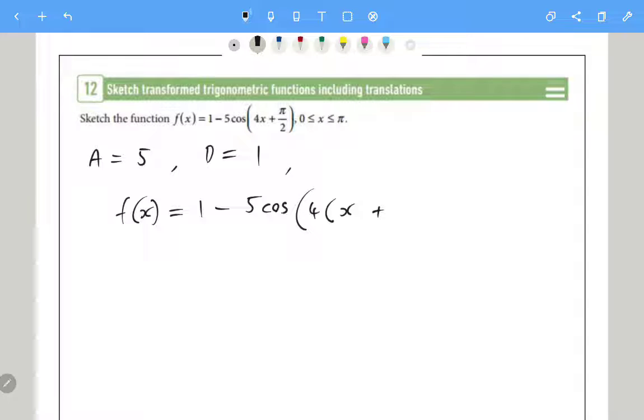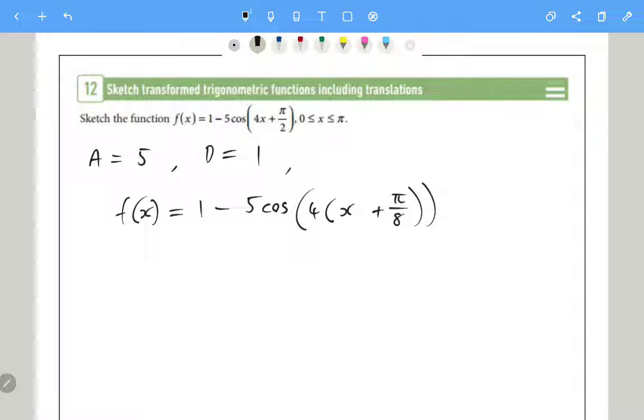And we've got to think about 4 times what equals pi on 2. There's a few ways you can think about it. One way is to think about dividing 4 out of it. And the other way is to think, what do I need to change it to? If it was 4 on 8 and I multiplied it by 4, well, the 4 and the 8 would simplify to a half, which is exactly what I want.